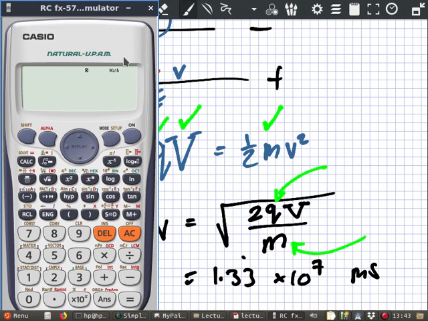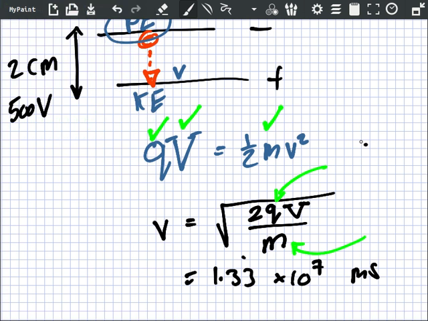Right, so that's 2 QE V over, and then mass is, I think, the constant number. I think you're right, Matt. Congrats. Good job. 1.33 times 10 to the 7.